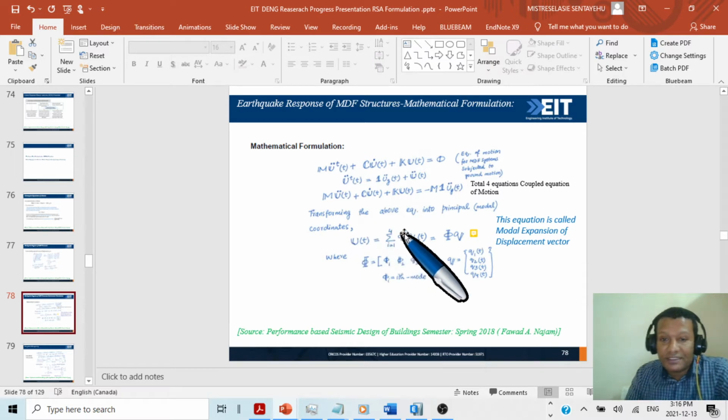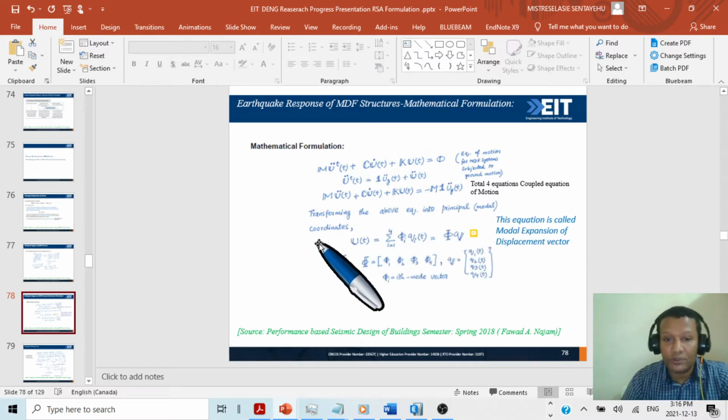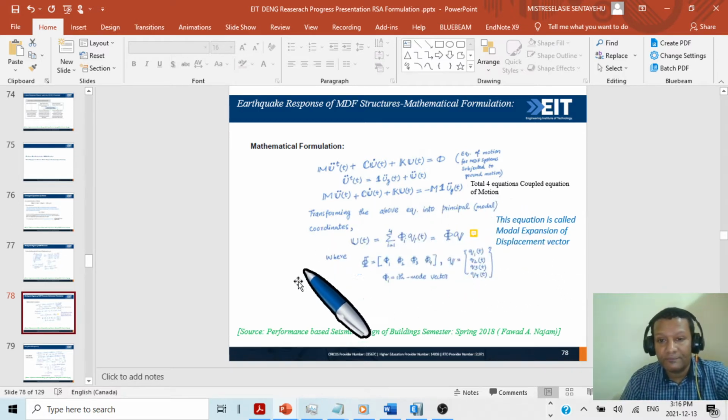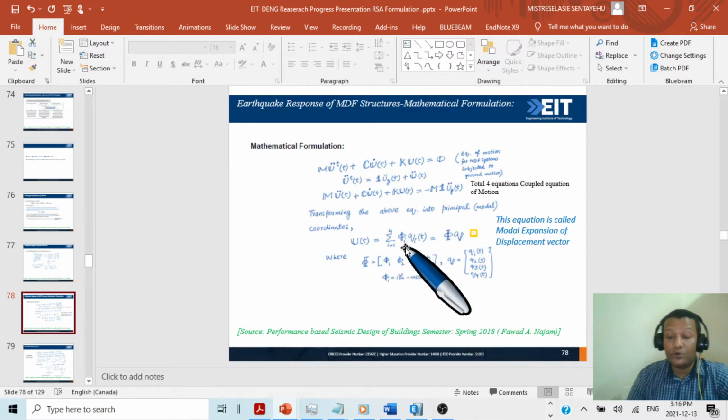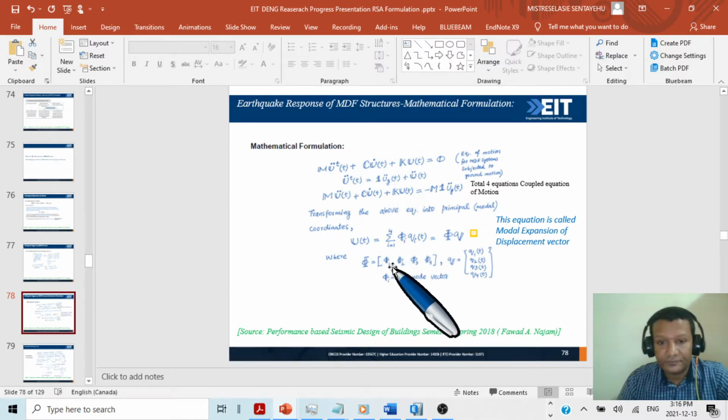So transferring the above equation into the principal modal coordinates, this is the equation, where phi is equal to phi1, phi2, phi3, phi4, q is equal to q1, q2, q3, q4 in the time domain, and phi i is equal to the i-th mode vector: first mode, second mode, third mode, fourth mode.